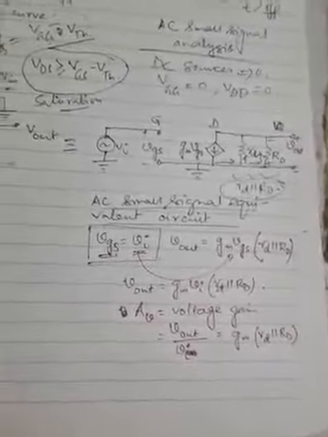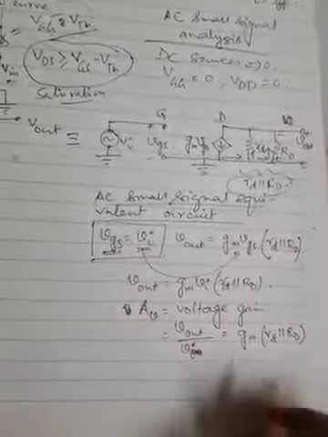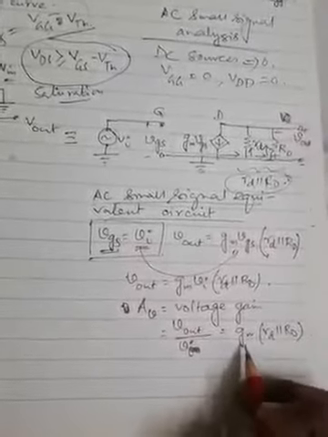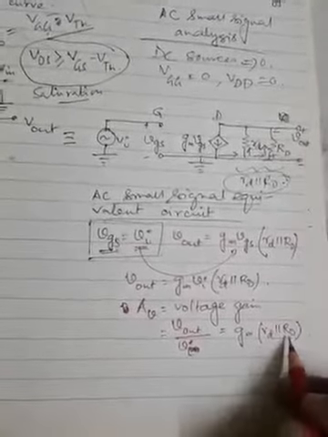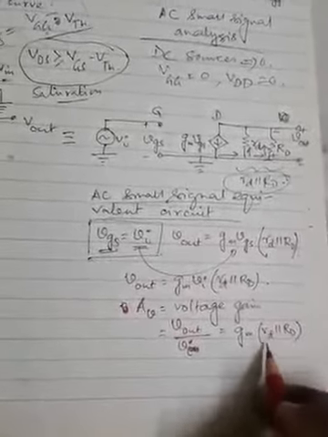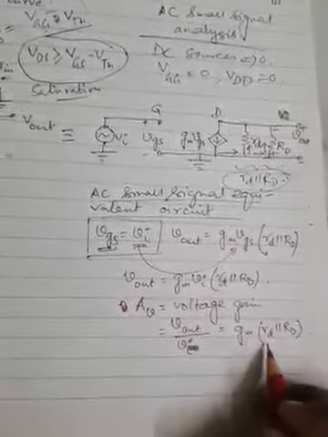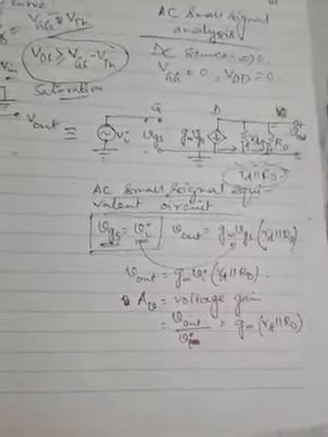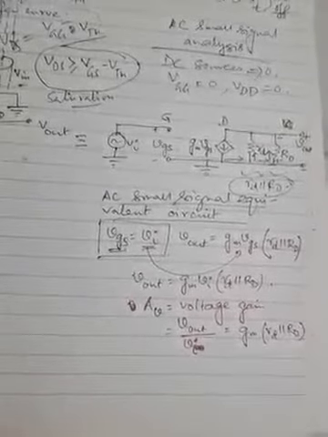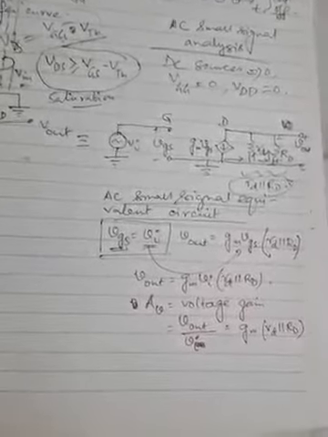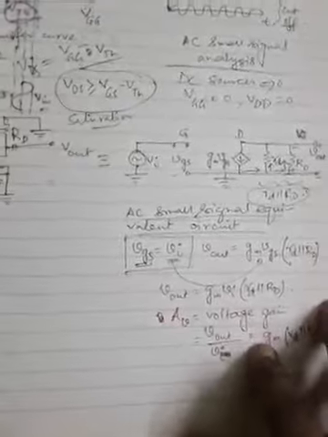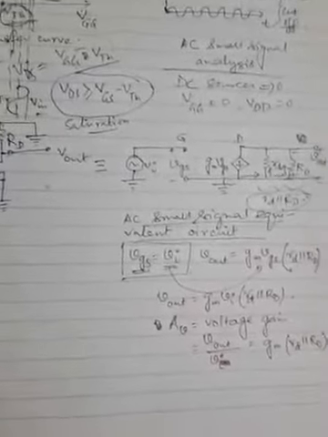So in your numerical, once you have the value of transconductance, the value of load resistance capital RD, and the value of AC drain resistance, or rather the value of output conductance, you can easily calculate the voltage gain using this formula for the particular MOSFET amplifier working in common source.